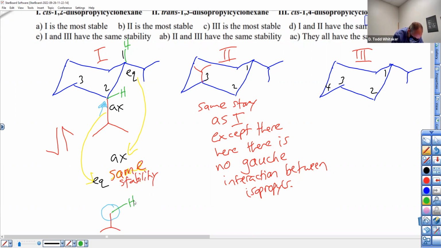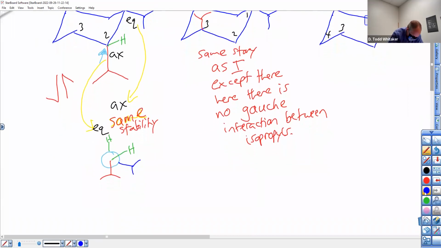H there. Another H on the back carbon here. Other isopropyl right here. 60-degree interaction. You know what that's called? Yeah, I'm going to put it in light pink. 60-degree dihedral angle. There's a name for it.